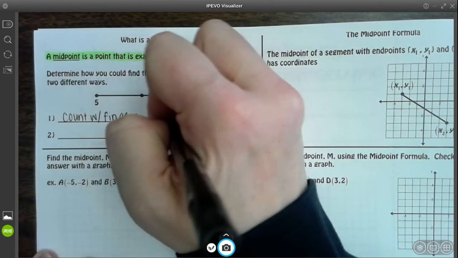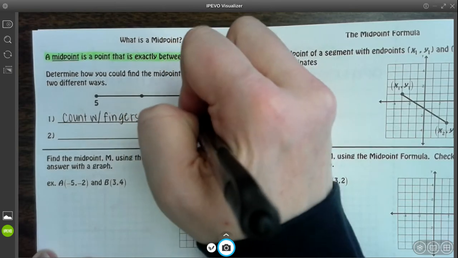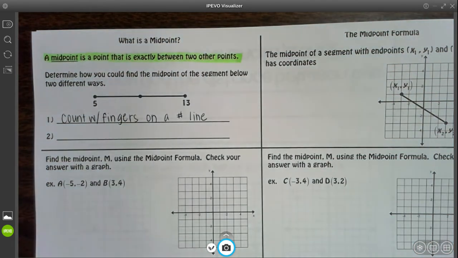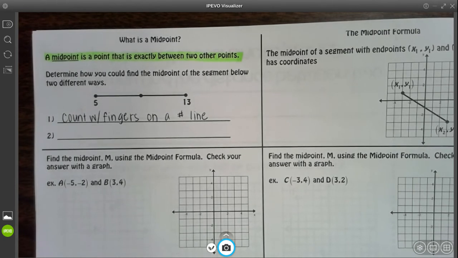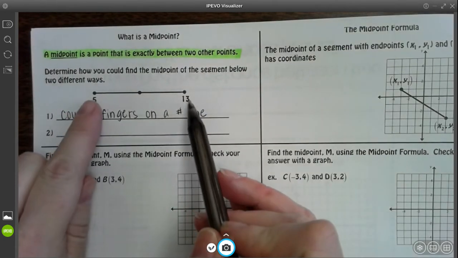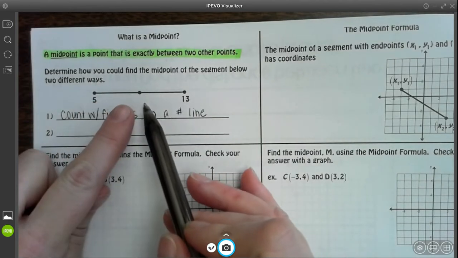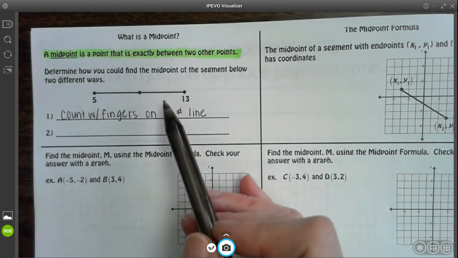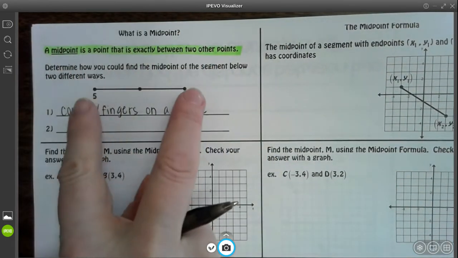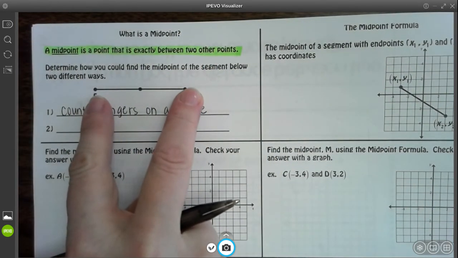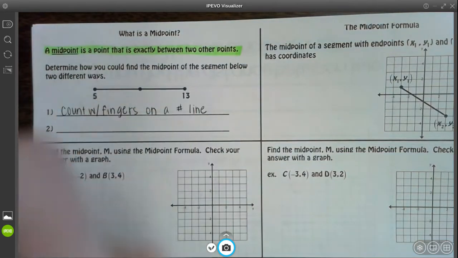On a number line, but I don't always want to use a number line, and sometimes we make mistakes when we're doing stuff like that. So another way, the most logical way to do this, is I'm trying to think of the number that's right in the middle of the two. In other words, the average. To find the average of those two numbers, we add the numbers up and divide by the number of numbers, which is just 2 of them.